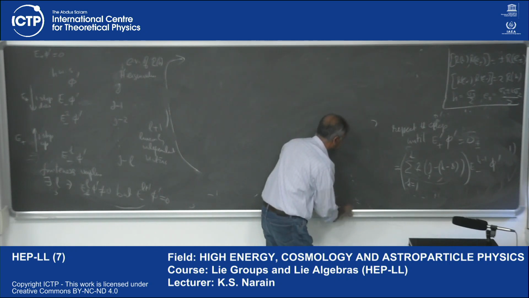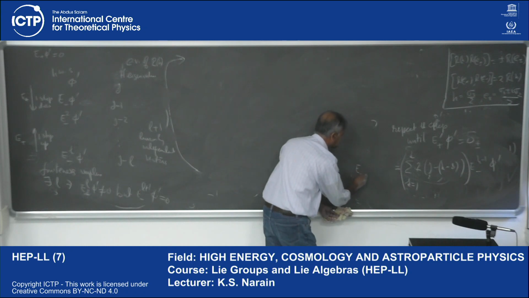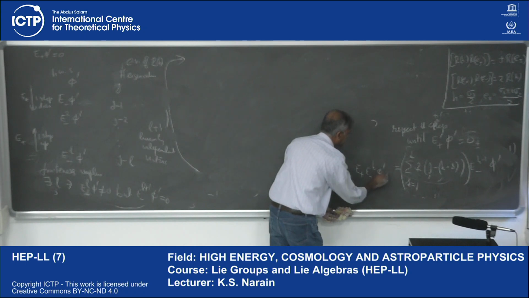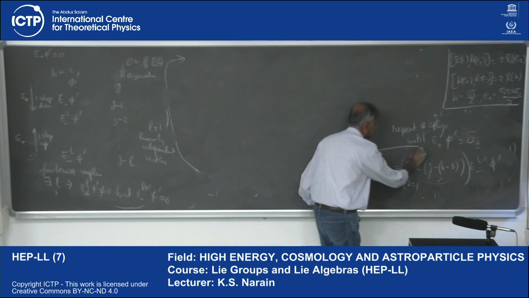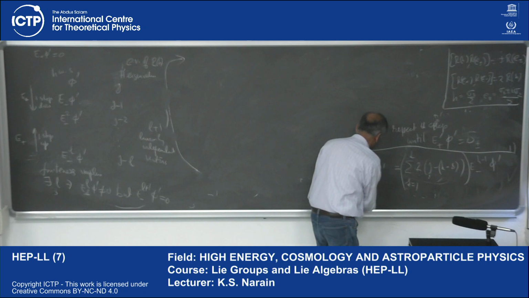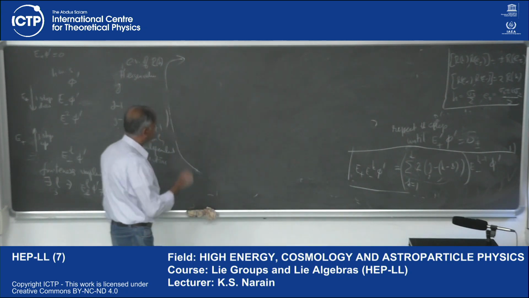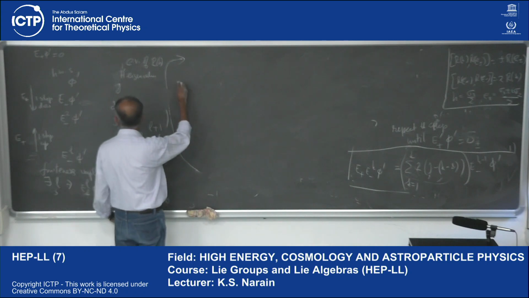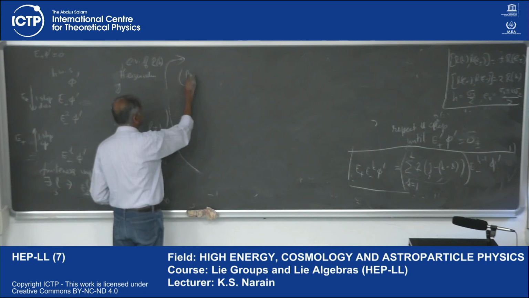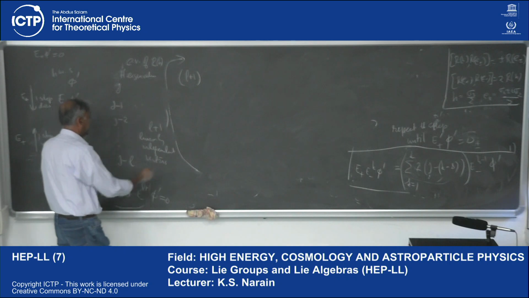We said E plus acting on E minus to the k phi prime was equal to that. Now, so this space. So we have now an L plus 1 dimensional space.